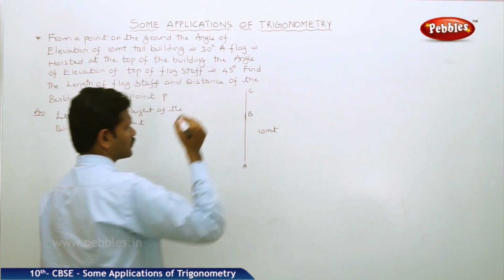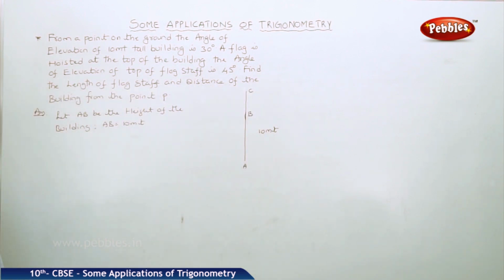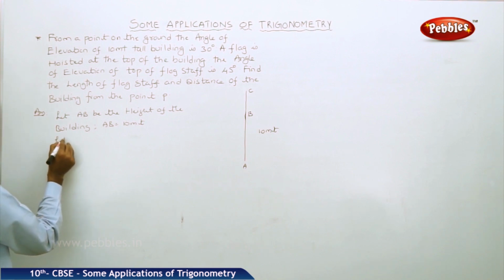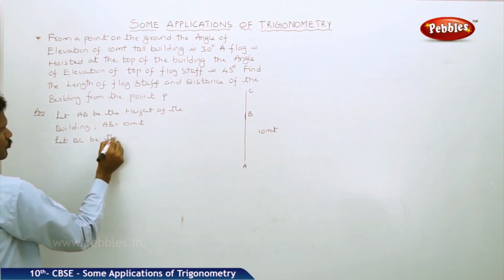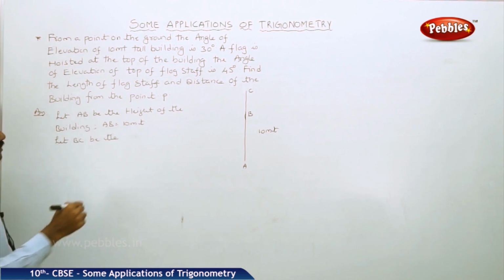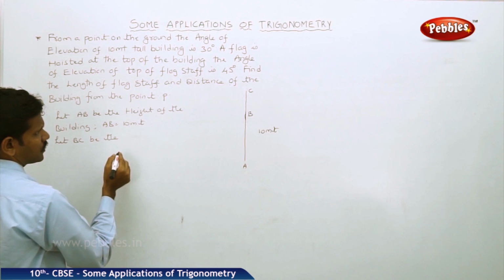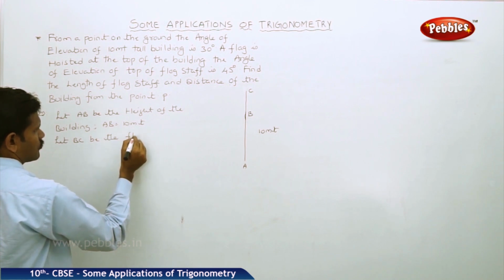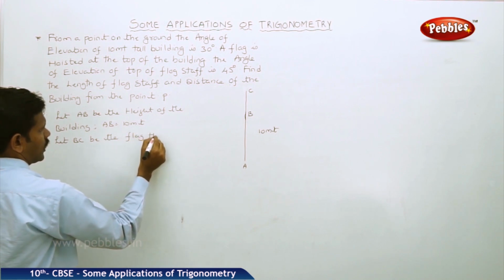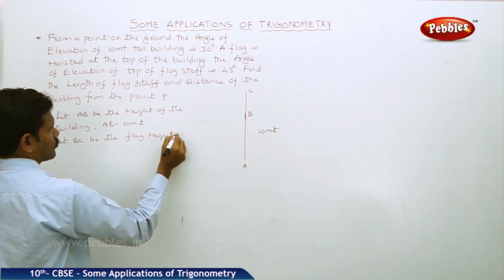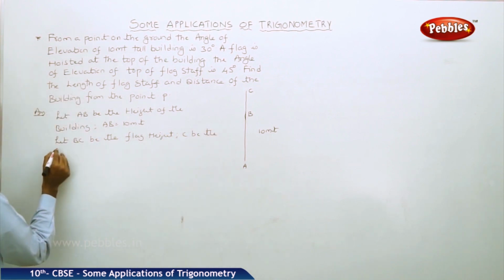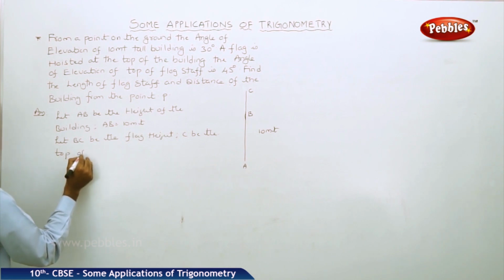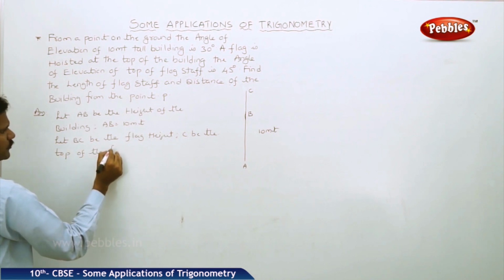Let BC be the flag height and C be the top of the flagstaff.